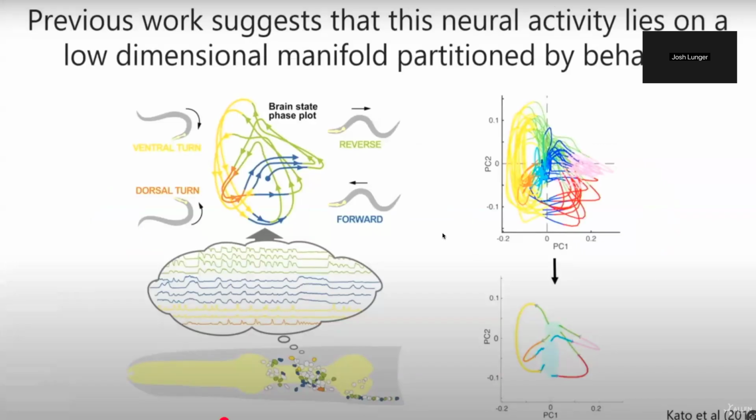this really complicated data. The first is that most of this high dimensional data rests on a much lower dimensional manifold. The reason that this might be true is that most of these neural states exist within these higher level behavioral states. So with the example of the C. elegans, it might be turning or going forward or backward.